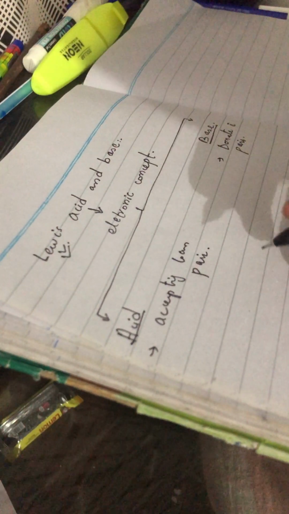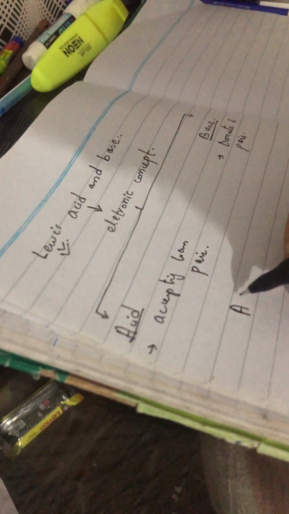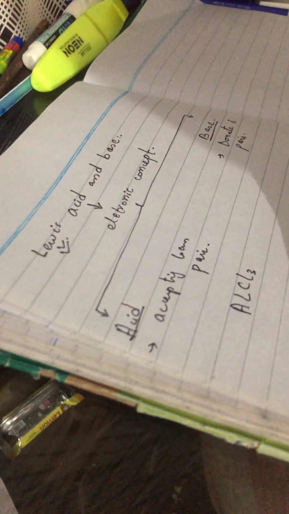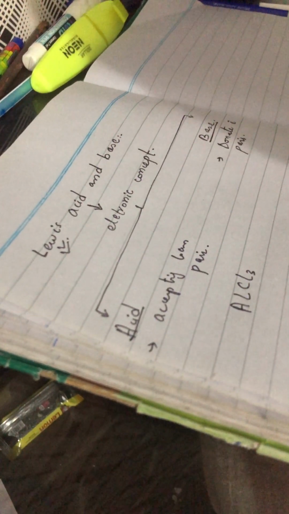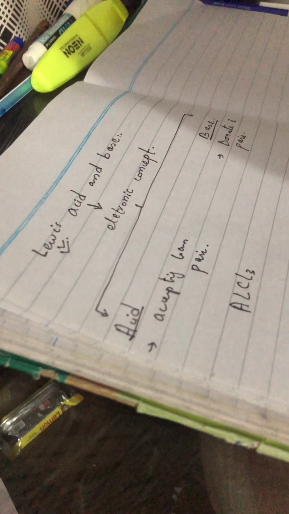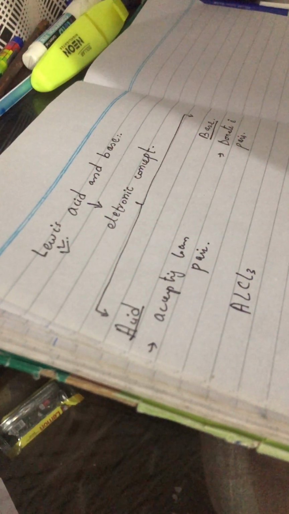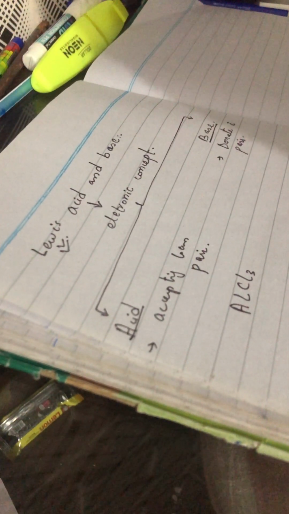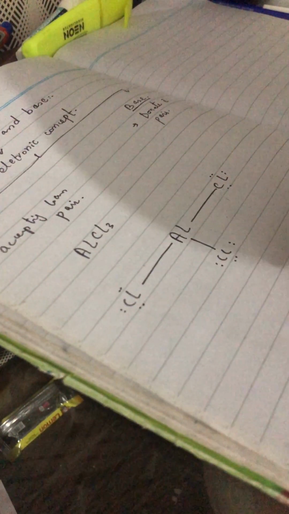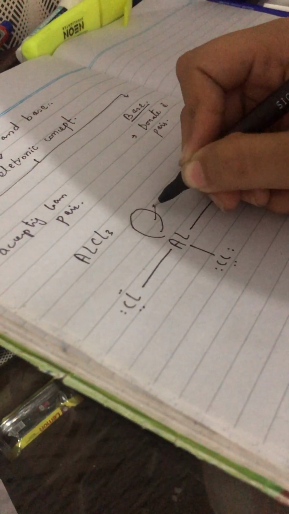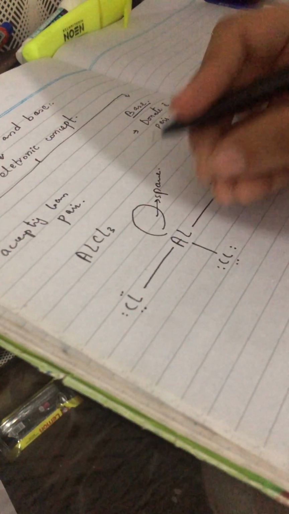Suppose I give an example, AlCl3. Here you can see there is space remaining, so this AlCl3 can accept a lone pair here.